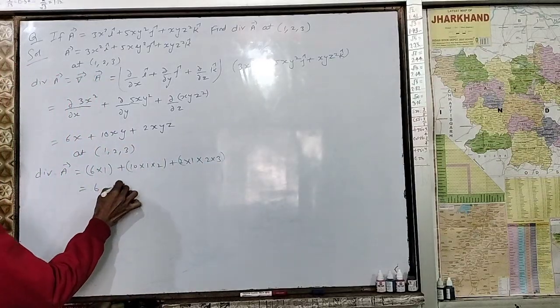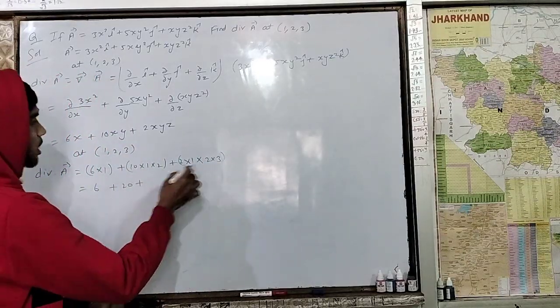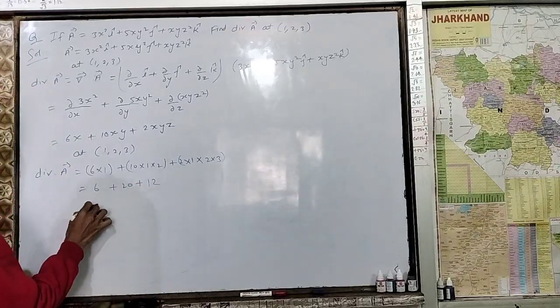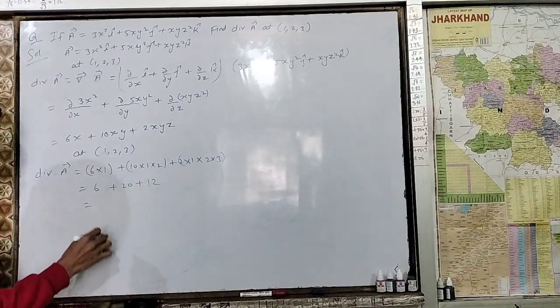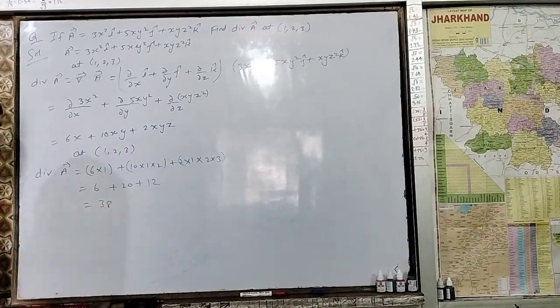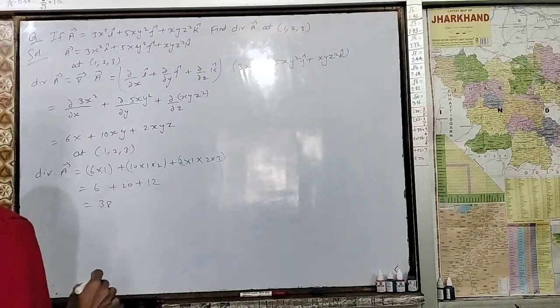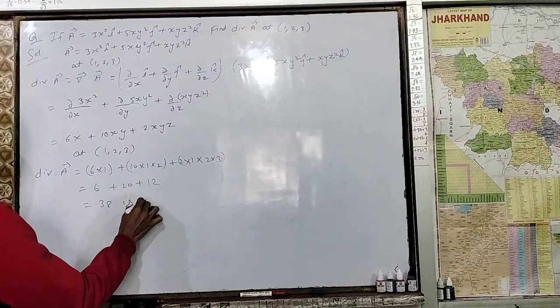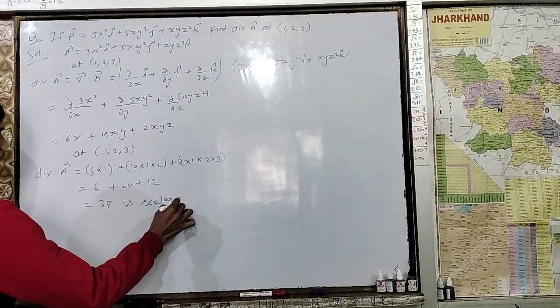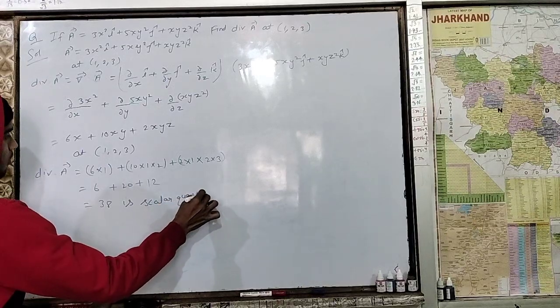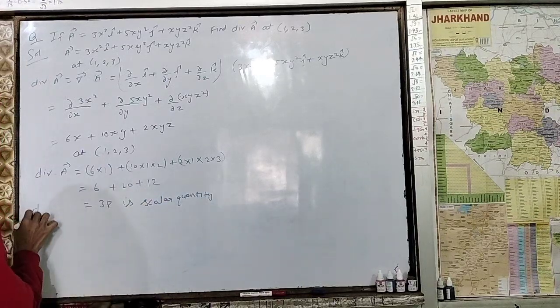This is 6, 10 times 2 is 20, 2 times 3 is 6, 6 times 2 is 12. 6, 20, 12 gives 38. This is our magnitude, which is a scalar quantity.